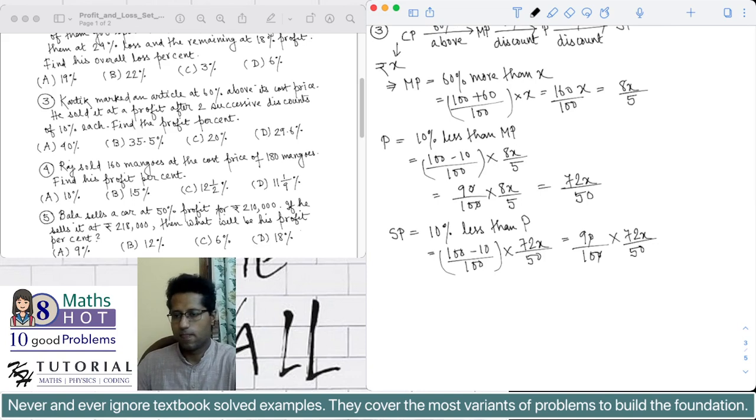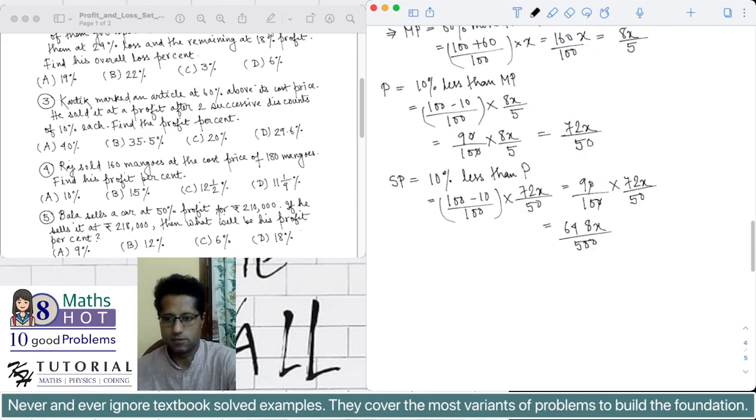This cancels out. We have to find the profit percentage. So the selling price is 648X by 500 and the cost price is X.